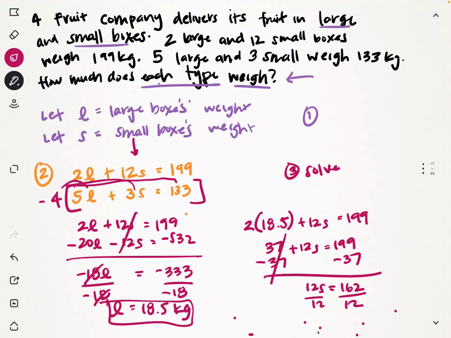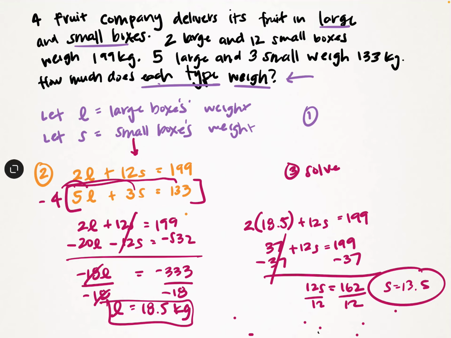And then dividing by 12, 13.5. Okay, so our small boxes are 13.5, our large boxes are 18.5. If you want to check, go ahead and plug these numbers back into both equations and make sure they come out true.